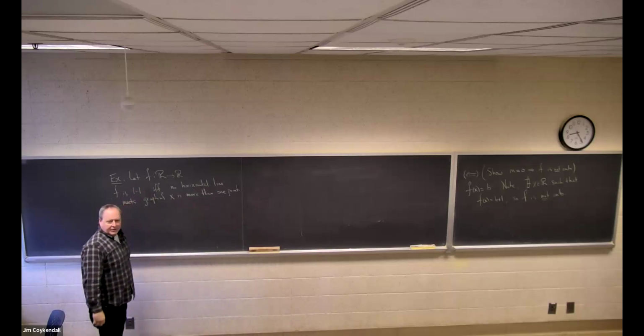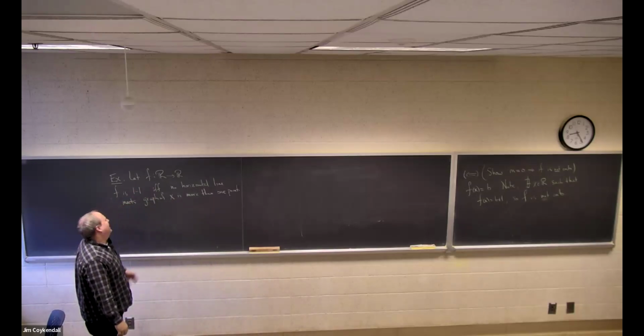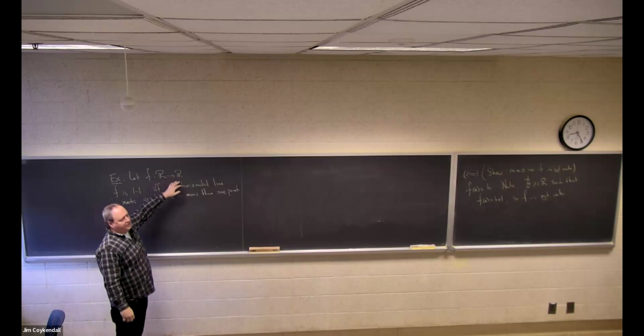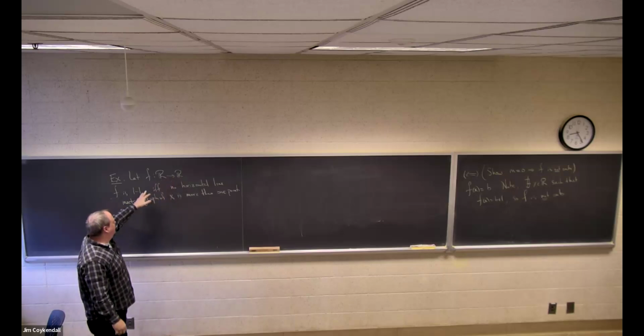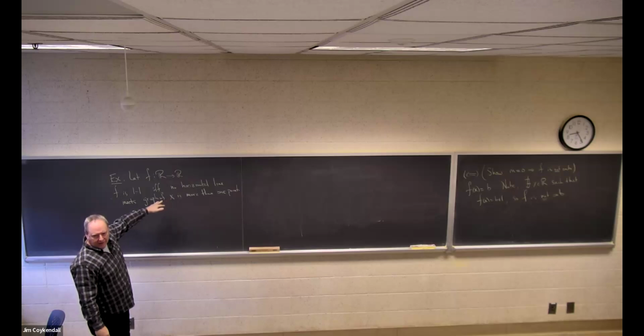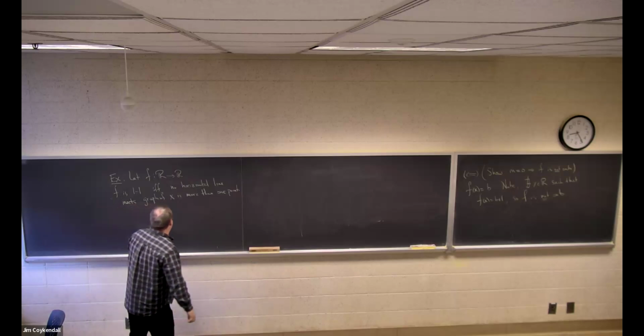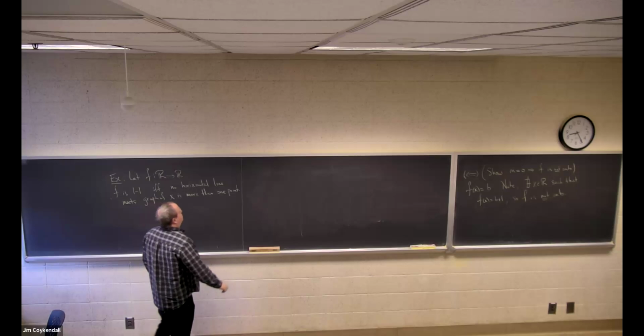I didn't even say the function was continuous. In fact, this will work more generally than this, as long as you're in some place where it makes sense to draw a horizontal line.